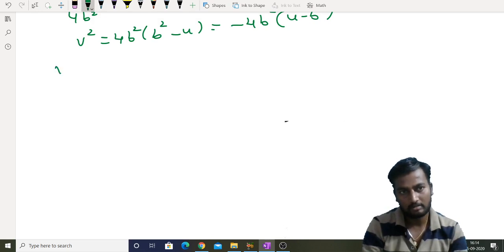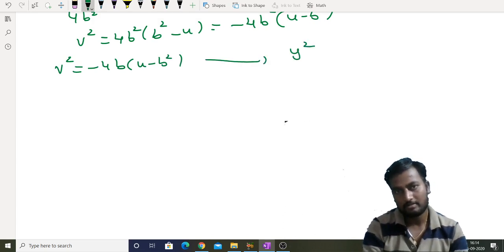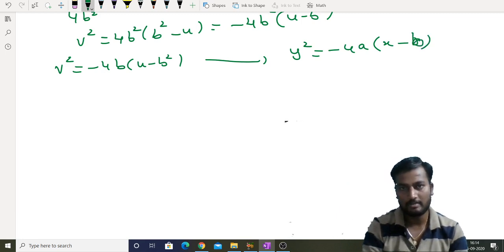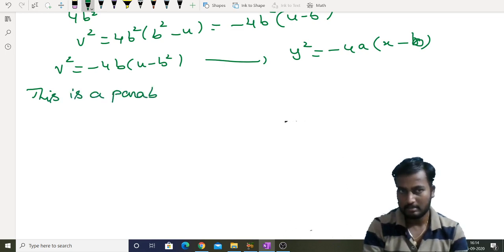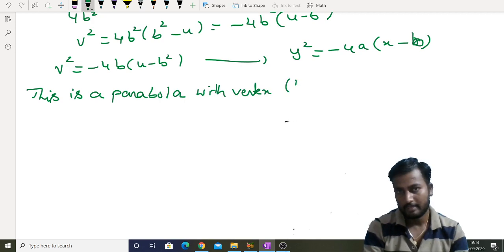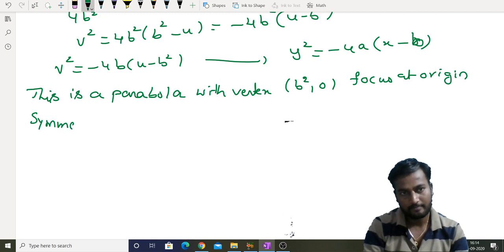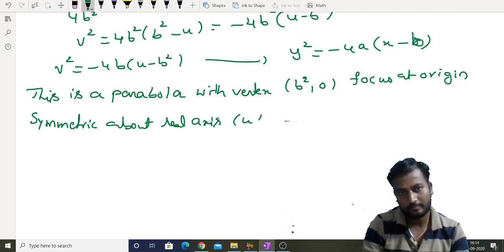This is of the form y square equal to minus 4a into x minus some constant. So this is also a parabola, with vertex b square comma 0, focus at origin, and symmetric about the real axis, right?